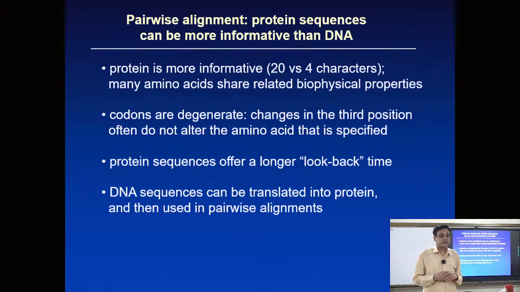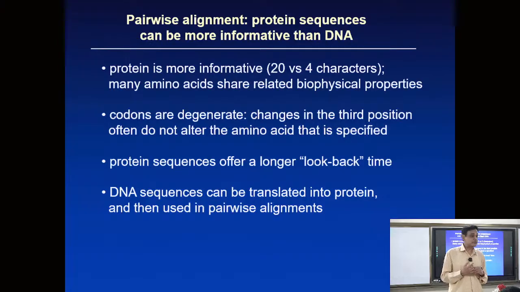So, it means that protein sequences evolve more slowly than DNA sequences. Okay? And of course, now we know that protein structures evolve more slowly than protein sequences. We will see an example in a moment.